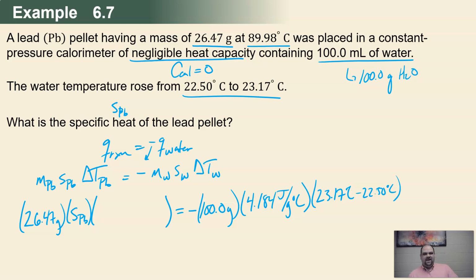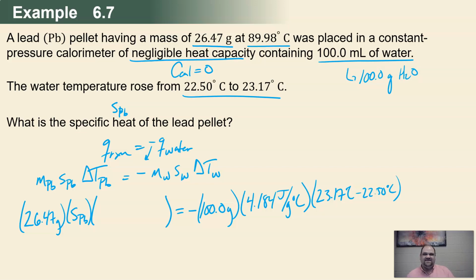The thing that we have to extrapolate here, based on the information given, is that if the lead pellet is dropped into the water, at the end of this whole process, the lead pellet and the water have to have the same temperature.